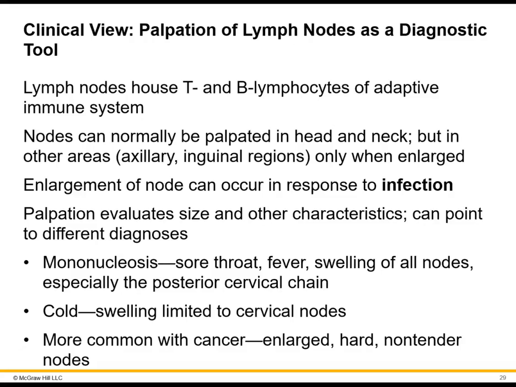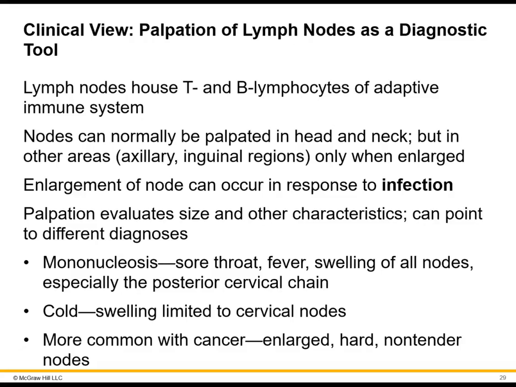For example, in mononucleosis, the patient tends to have a very sore throat, a fever, and a swelling of all the nodes throughout the body, but especially the posterior cervical chain. In a cold, swelling of the lymph nodes is going to be limited to the cervical nodes, right? The nodes that drain the head and neck, because the cold tends to affect just the head.